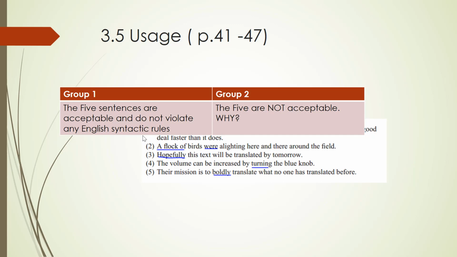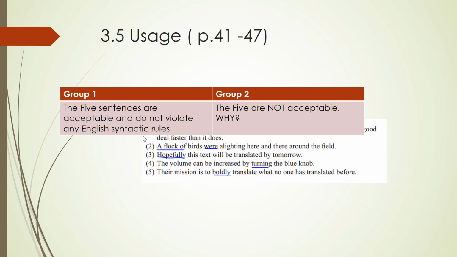Now we come to language uses. Here on the screen you can see 5 sentences, and these 5 sentences are actually a topic of debate among 2 groups of linguists.